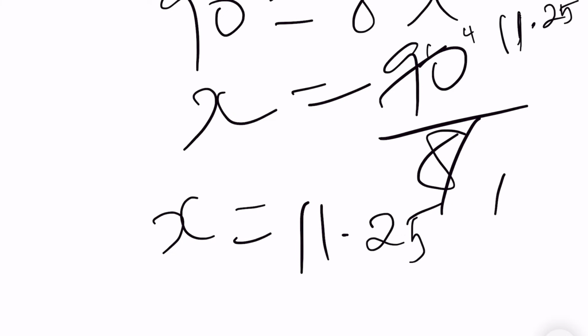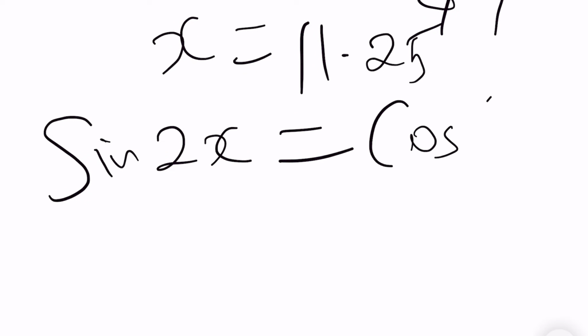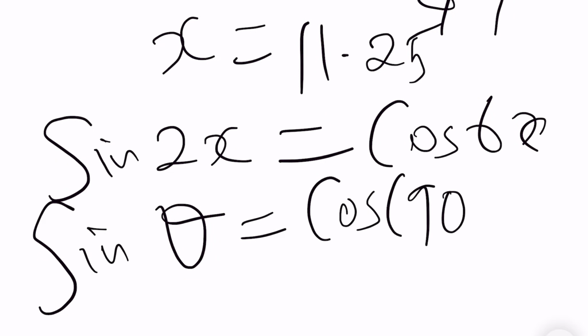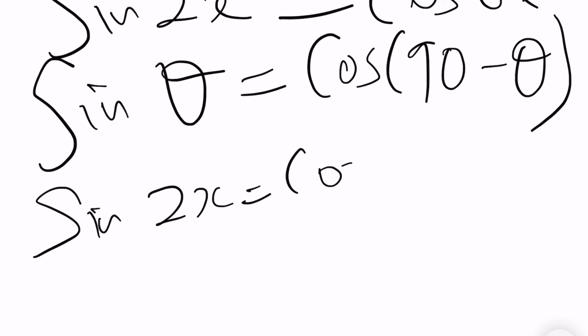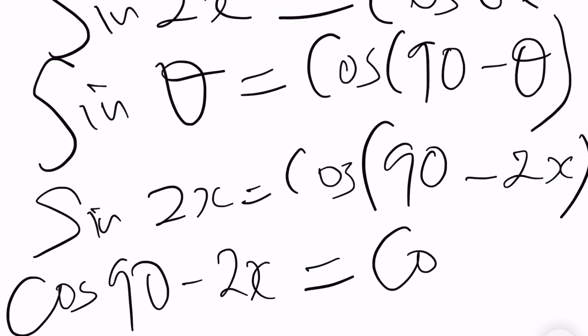Now, the next one is sin 2x equals cos 6x, where we say our sin theta is cos 90 minus theta. So we have sin 2x to be cos 90 minus 2x, so cos 90 minus 2x equals cos 6x.